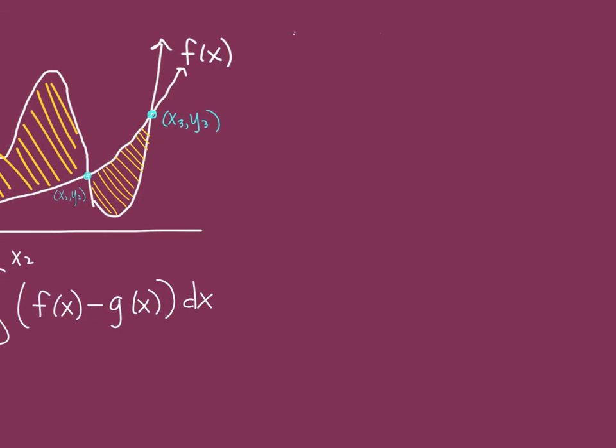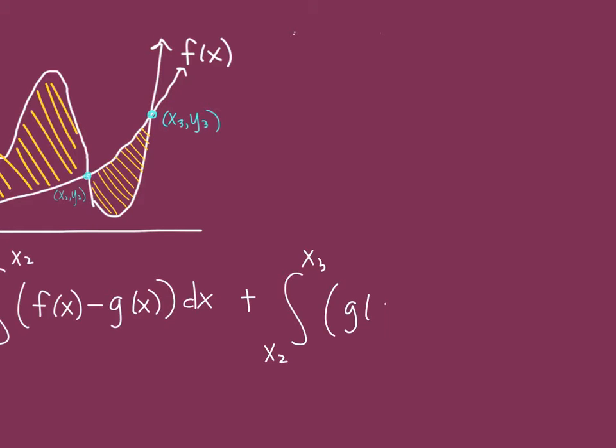Then we add to that a second integral, which is going to represent the second section of area. That would be from x2 to x3. But in that second section, the roles are reversed. The exponential, the g function, is the one that's considered the top.